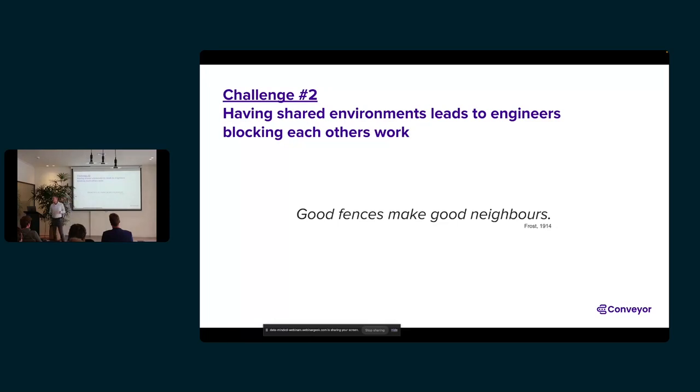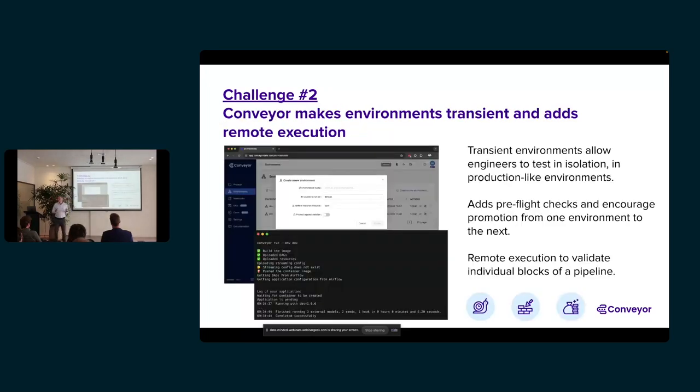One approach we took with Conveyor is to create throwaway environments. While you can still have one production environment or multiple production environments, you also create the notion of throwaway environments. So every individual data team or every individual data engineer can have their own environment where they build and deploy data products.